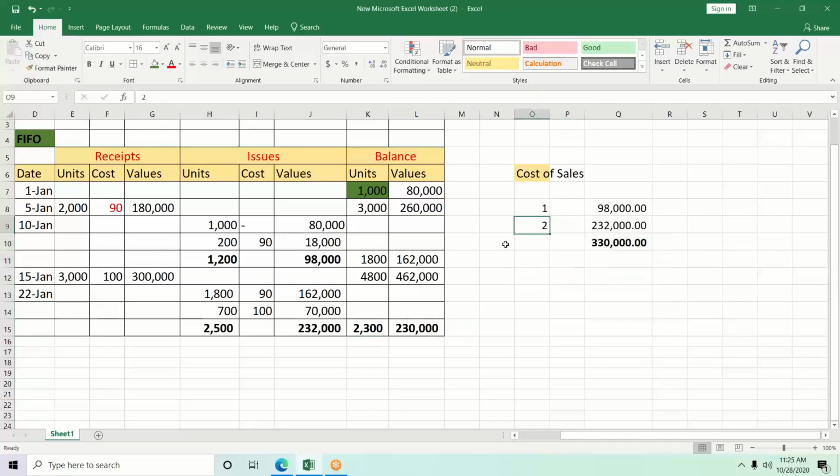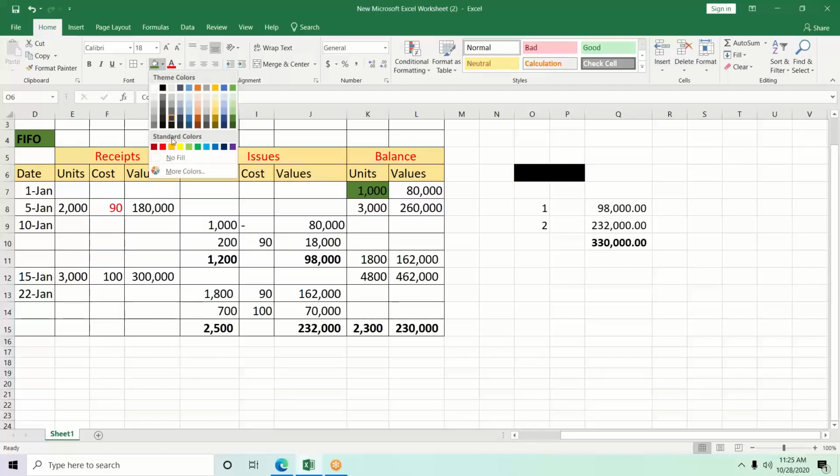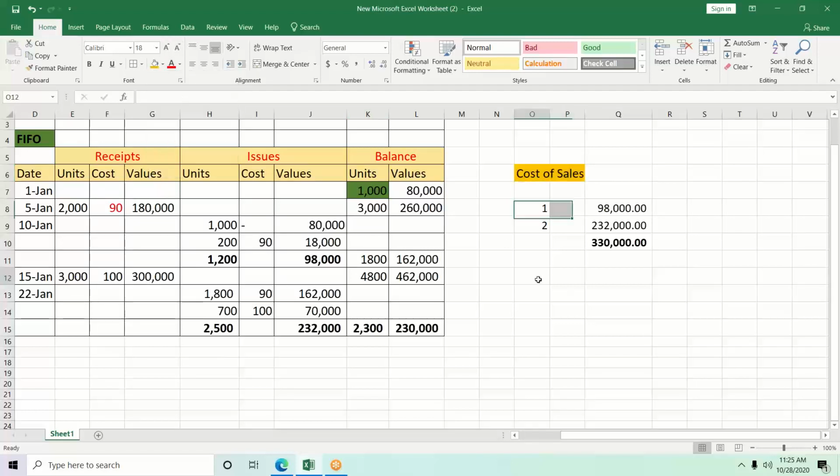Okay, what is next? Next they want you to calculate the cost of the closing stock. How are you supposed to calculate it?